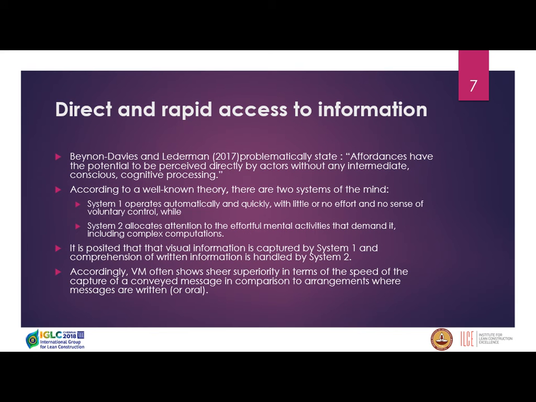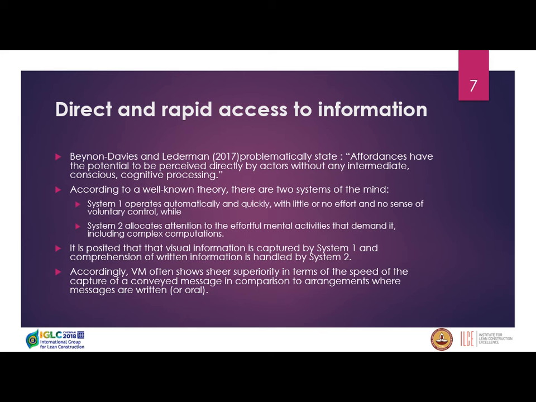In consultant guidebooks, and also Bainon, Davis, and Lederman say that in visual management there is potential to be perceived directly without any intermediate conscious cognitive processing. Their statement is problematic because they say that affordances are always that kind. No, they are not, of course, even inside visual management.